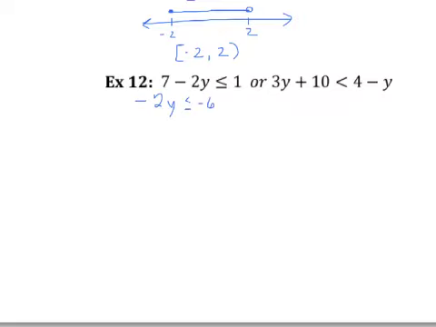And then I'm dividing by a -2, so that changes my direction of the sign. Okay, so that's one part of it. The other part of it, I'm going to subtract 10. And then I'm going to add y. And then I'm going to divide by 4.